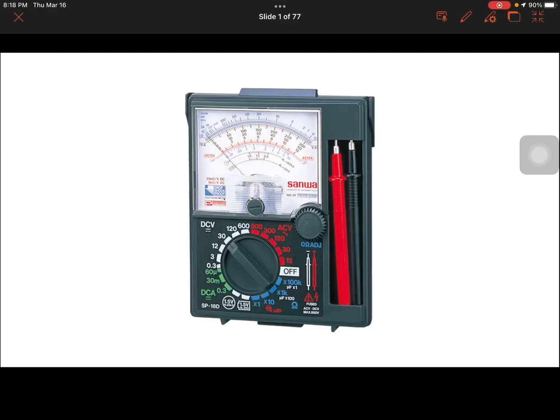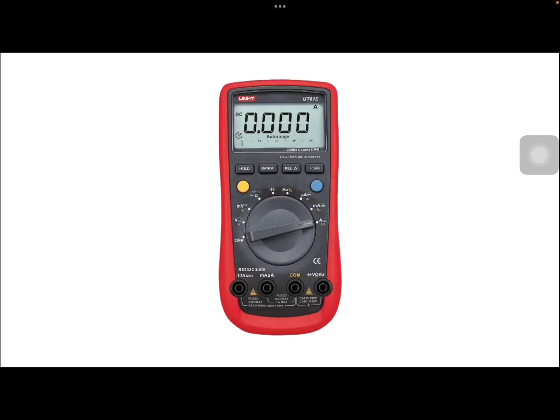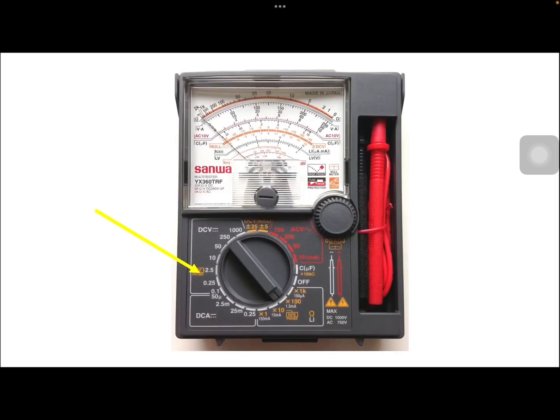So today we will have a tutorial on how to read a multitester. By the way, students, we have two types of multitester: the analog and the digital multitester. Of course, for the sake of this lesson, we will use the analog multitester.